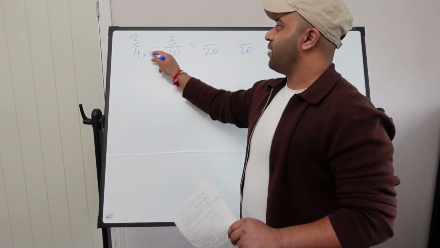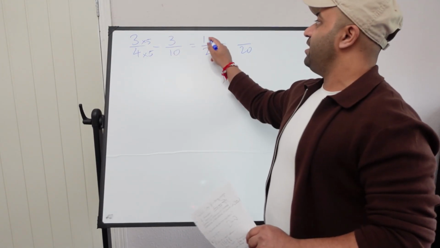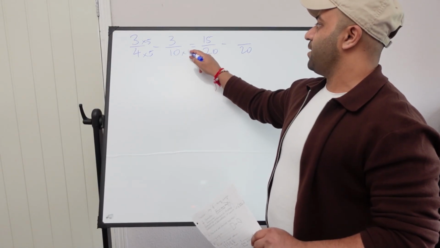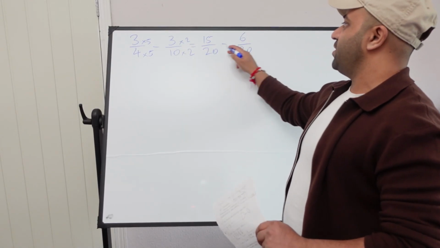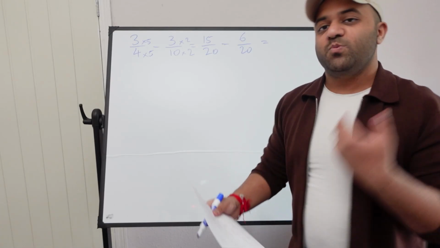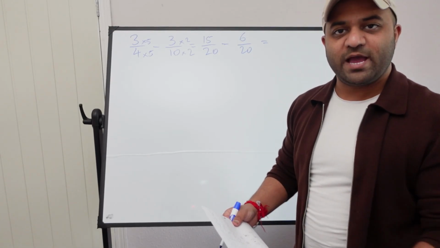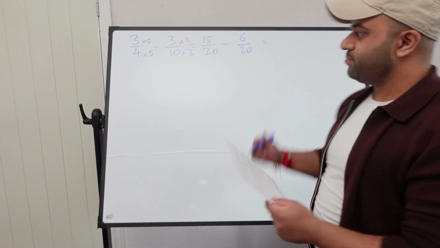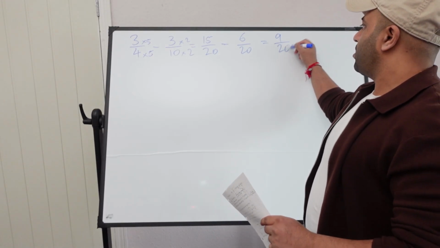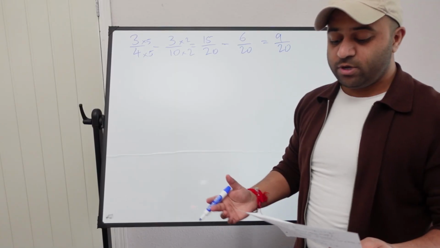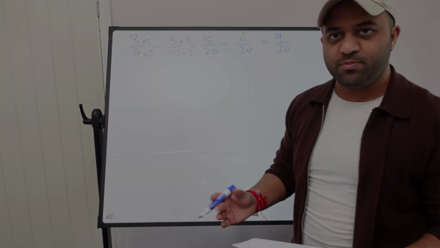So multiplying by 5, we get 15 over 20, multiplying by 2, 6 over 20. So we have 15/20 minus 6/20. How many 20ths do we have? 9 of them. And this number does not cancel down, so we can move on to the next example.